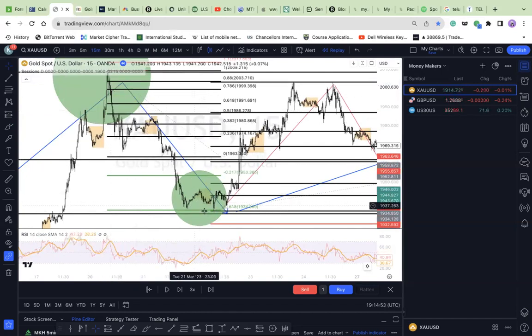What should we be looking for? We should be looking for a reversal from the downtrend into the uptrend. And we had a clear divergence being formed here.